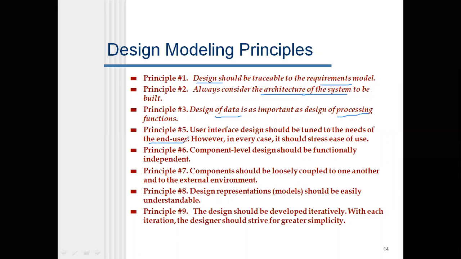Like that, whatever interfaces you design should be understandable by a user. In such a way you should design the user interfaces.